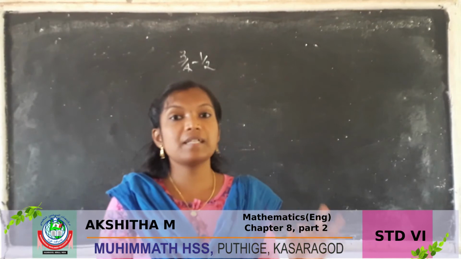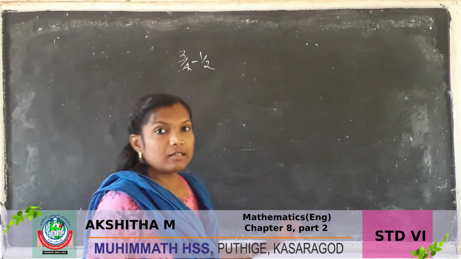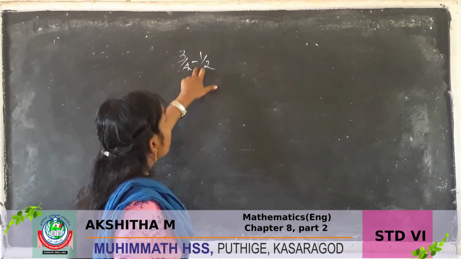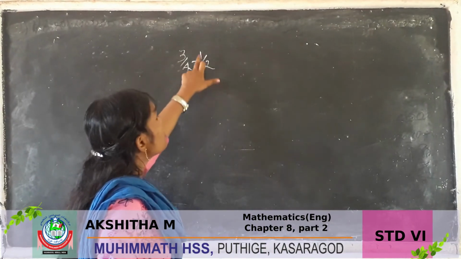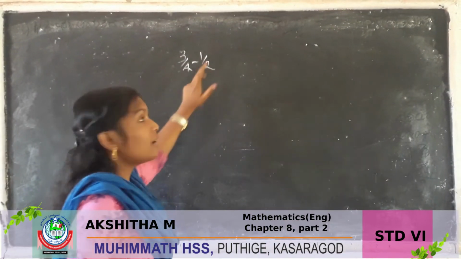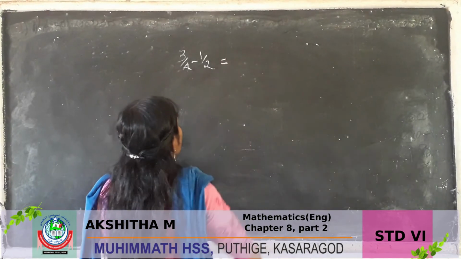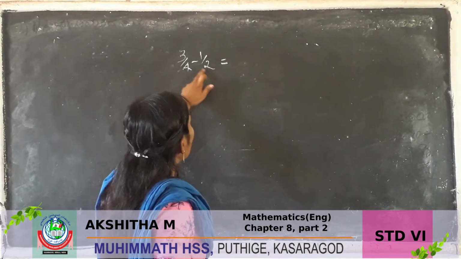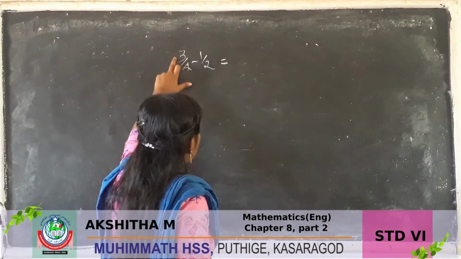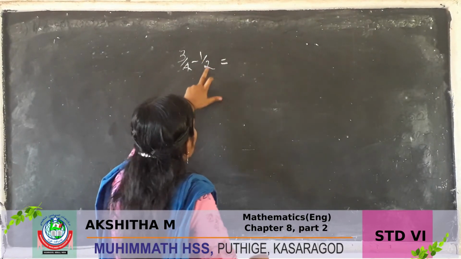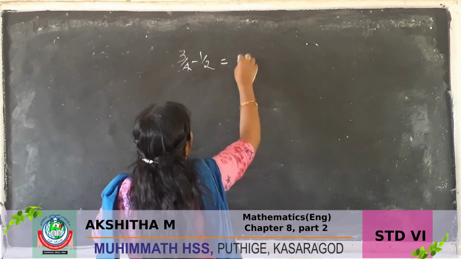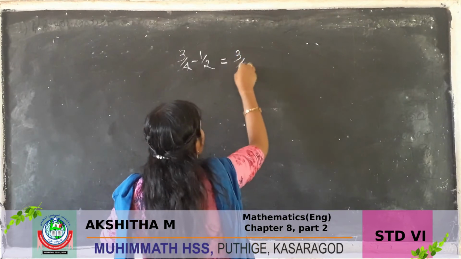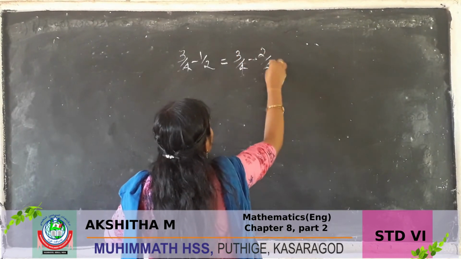How can we subtract fractions? Let us see. 3 by 4 minus half, 3 by 4 minus 1 by 2. What is the answer? So here first we have to make the denominator same. 1 by 2 we can write 2 by 4. So 3 by 4 minus 2 by 4.